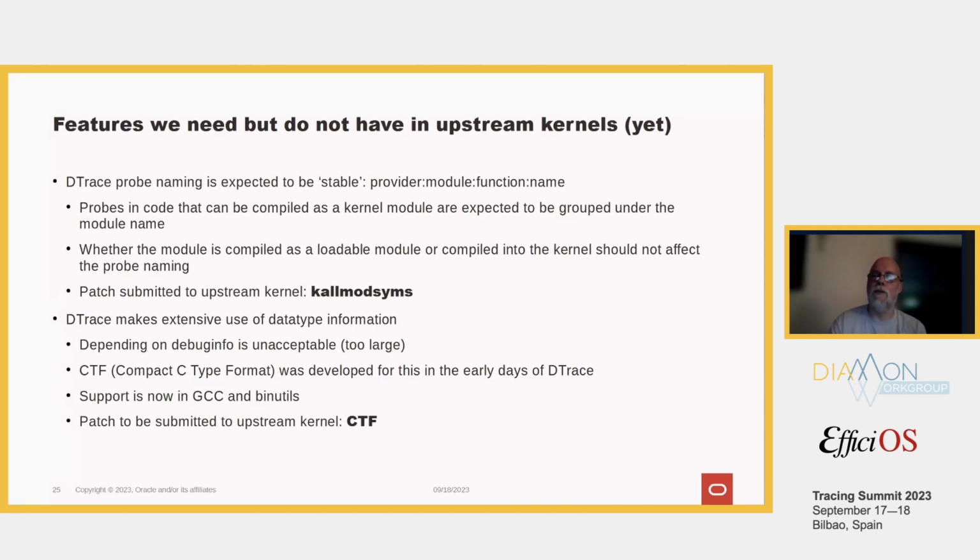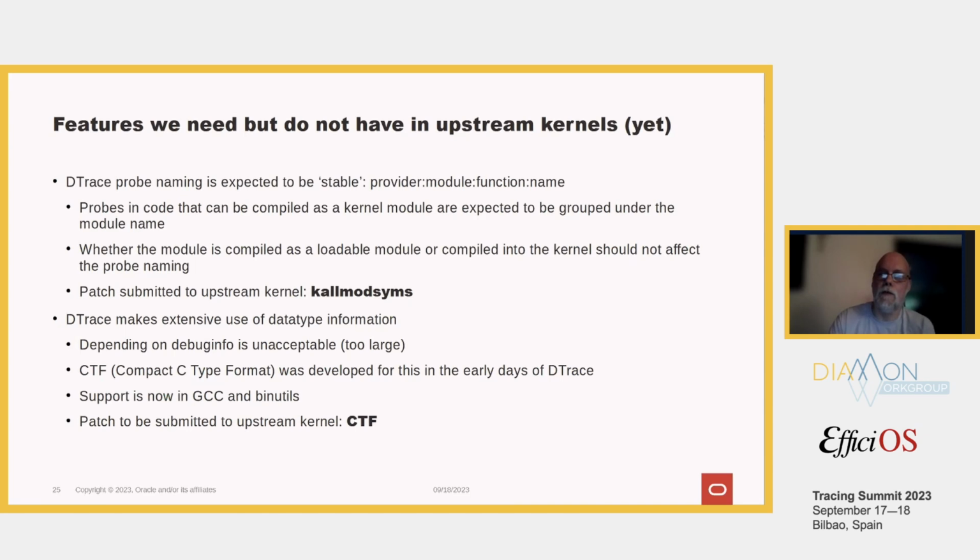So we should be able to associate the module name with, for instance, function boundary tracing with the function that we're tracing. And that is currently not available. Nick Alcock has submitted a patch for that, for a kallmodsyms or whatever similarly named thing it might be, that associates module names with symbols in the kernel.